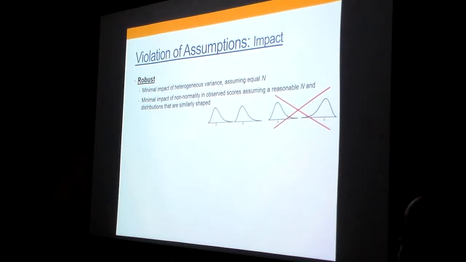Effect sizes, just like any other statistic, have a distribution, right? Not every sample that we run, the effect size that we get is going to be equal to the population parameter. We're going to get some that are too high, some that are too low, some that are kind of close in the middle.